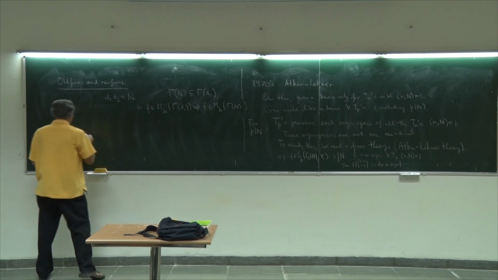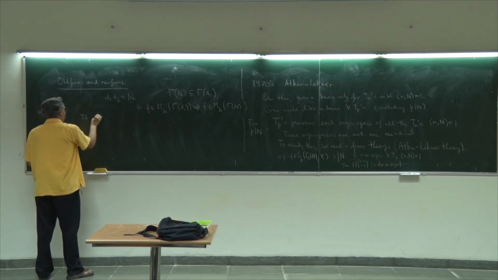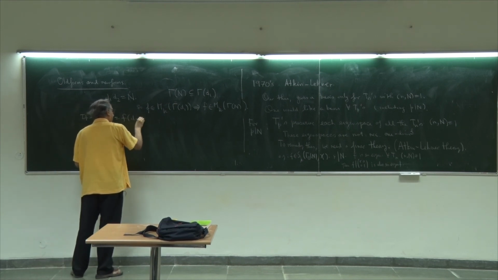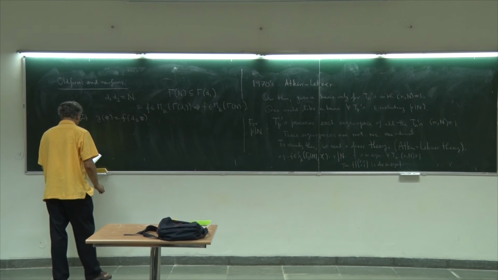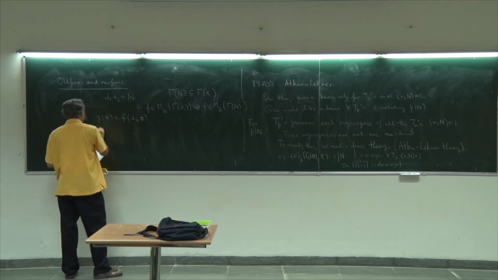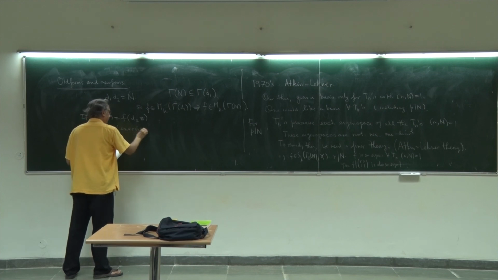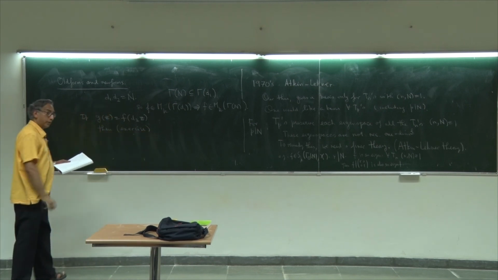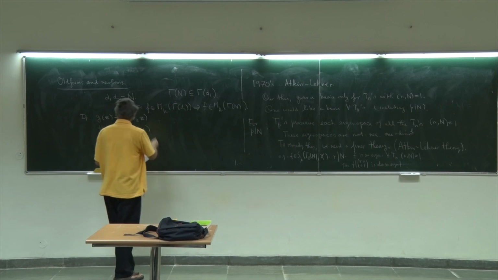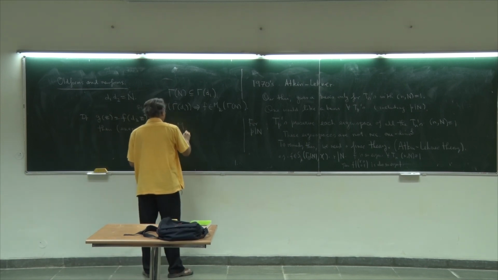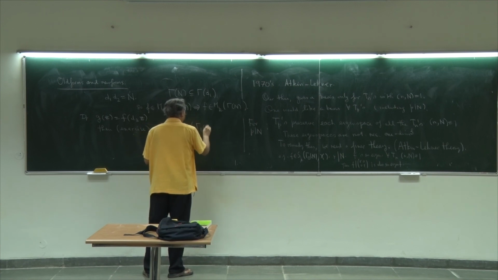The other point is if G of z is equal to F of d2 times z, then it's a small exercise, perhaps worth doing, to show that G is actually a modular form on gamma 1 of n.